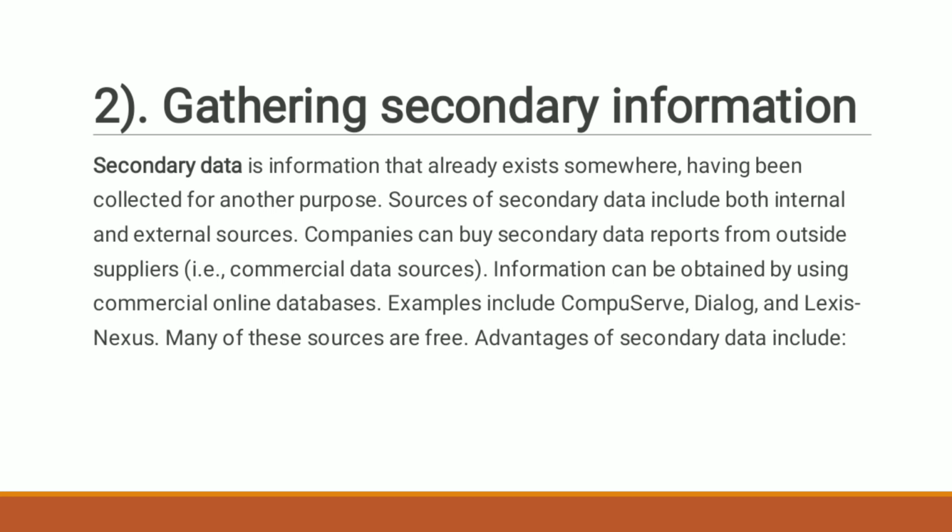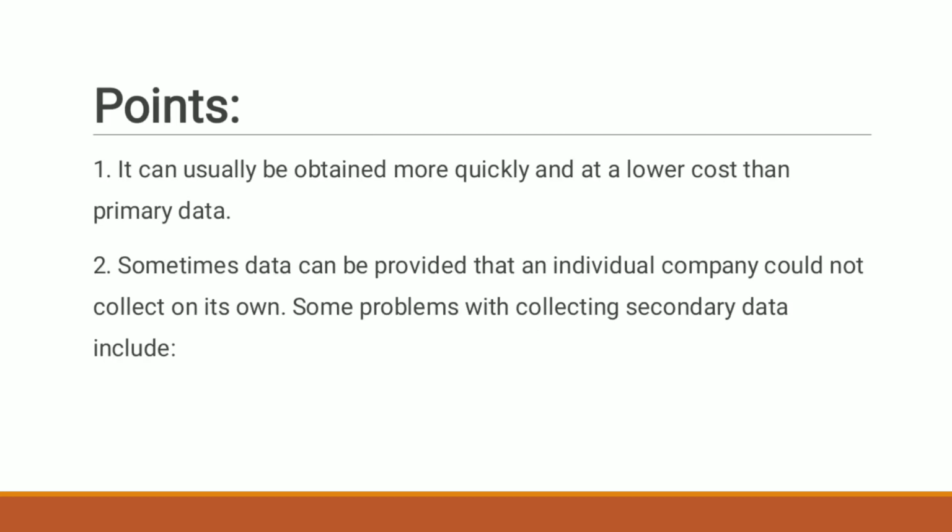Many of these sources are free. Advantages of secondary data include that it can usually be obtained more quickly and at a lower cost than primary data. Sometimes data can be provided that an individual company could not collect on its own.